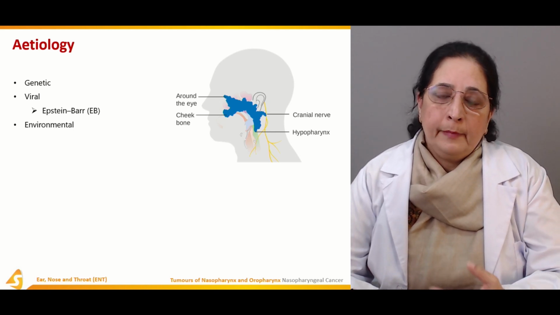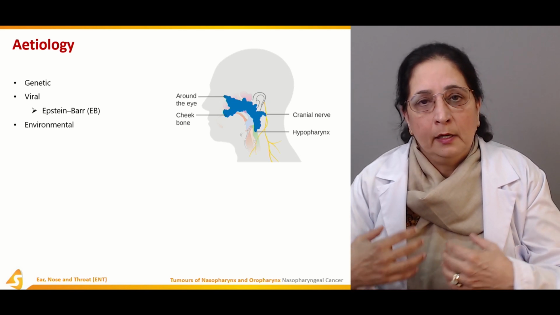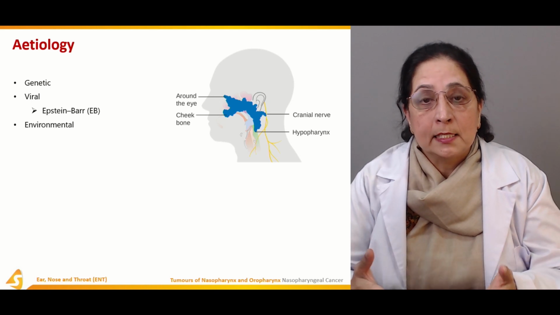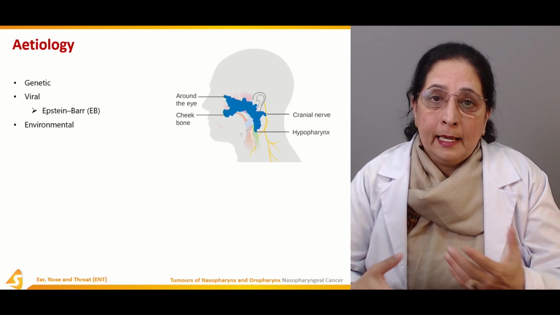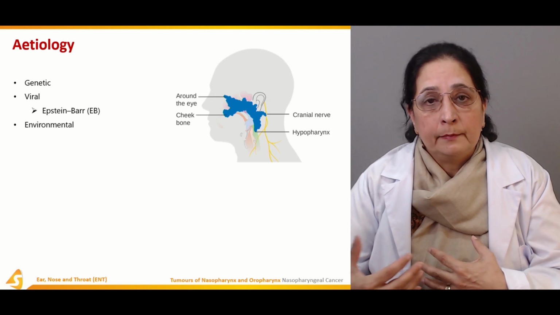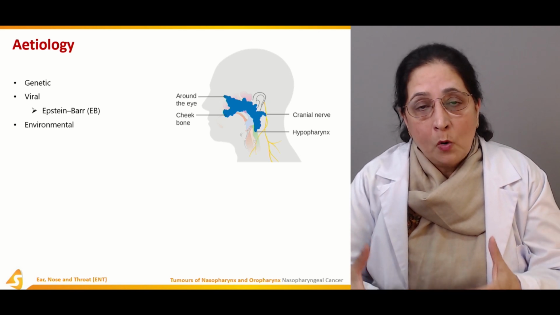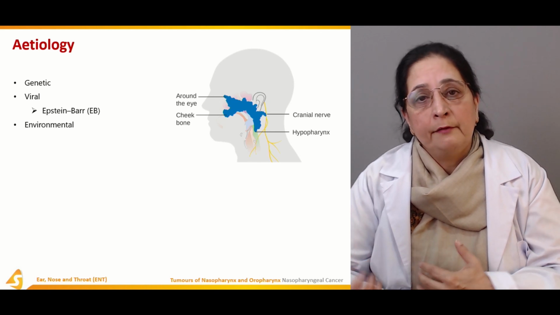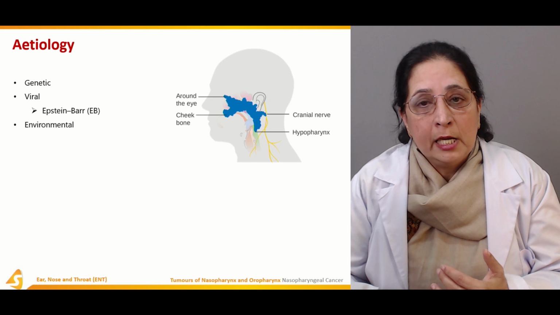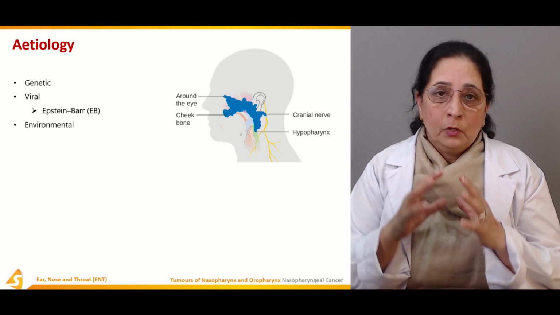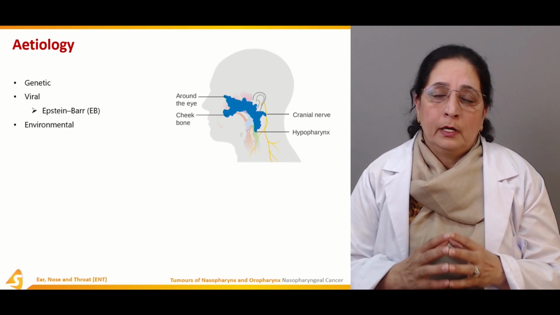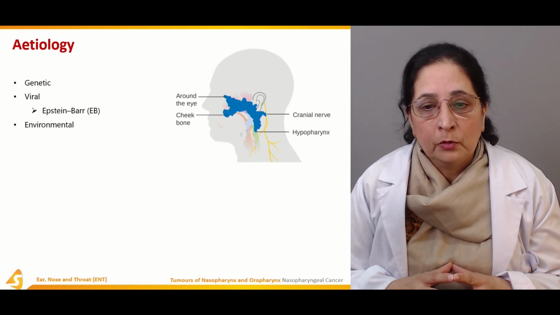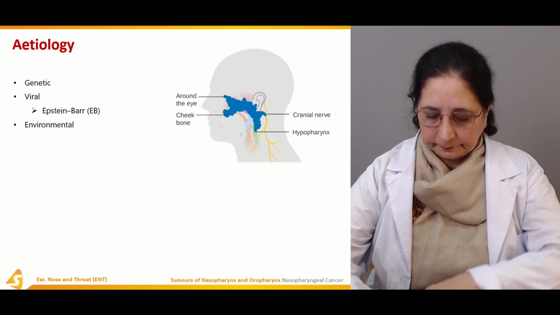Or there may be some environmental factors, some carcinogens present in the environment, dust, inhalants, even sometimes smoke. All these are the different factors in the environment that can lead to nasopharyngeal cancer. So these are the three very important etiological factors leading to nasopharyngeal cancer.